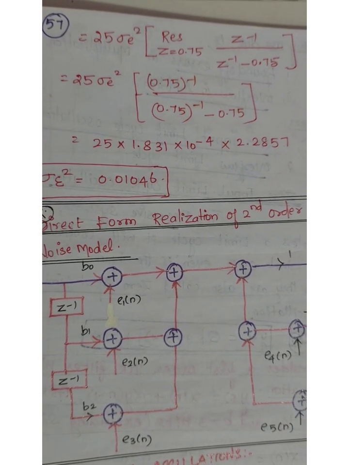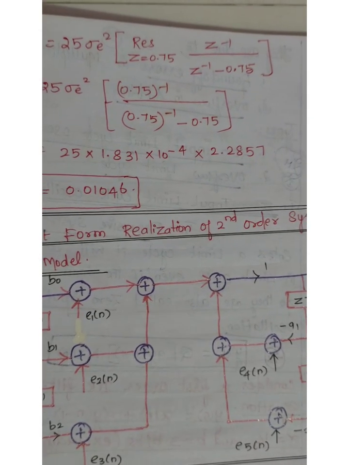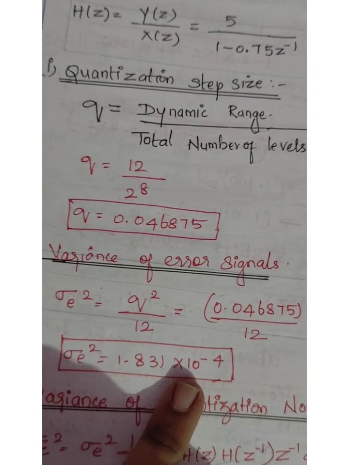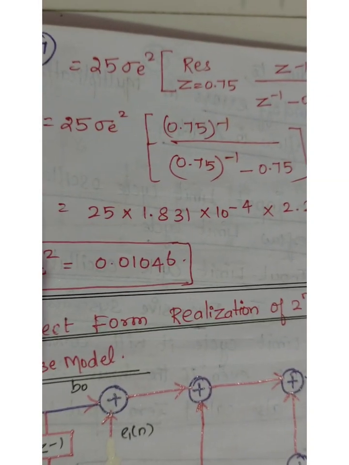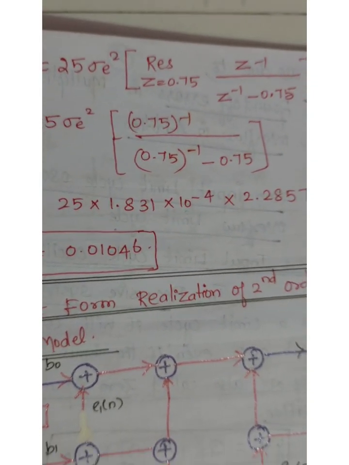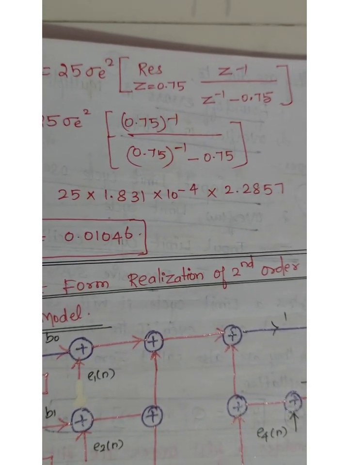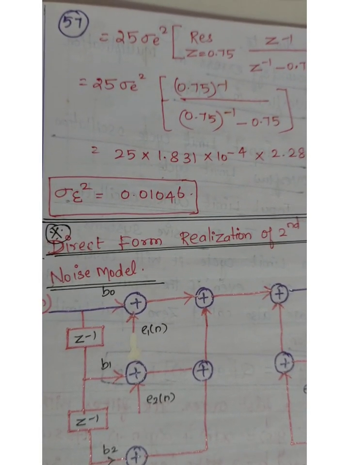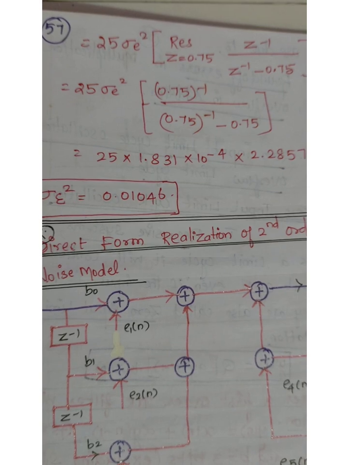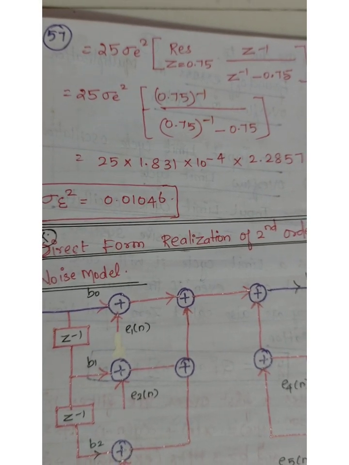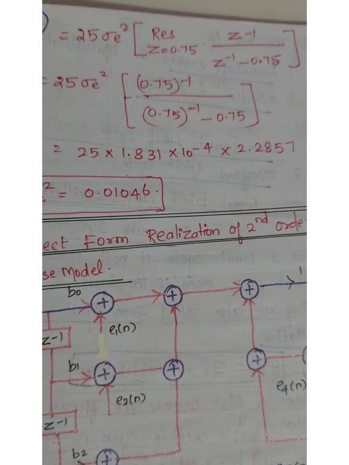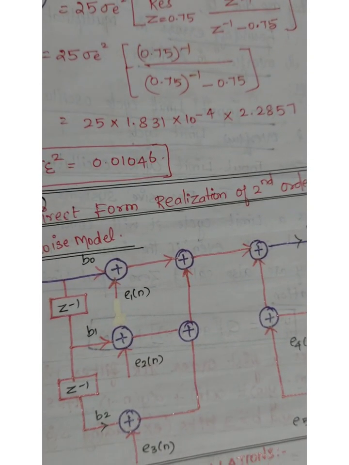Now 25 into sigma_e squared, which we calculated as 1.831 x 10^-4, times the bracket part, which is 2.2857. Therefore the final answer for the variance of the noise error, sigma epsilon squared, is 0.01046. Sometimes the problem will ask you to draw the direct form structure or cascade structure.